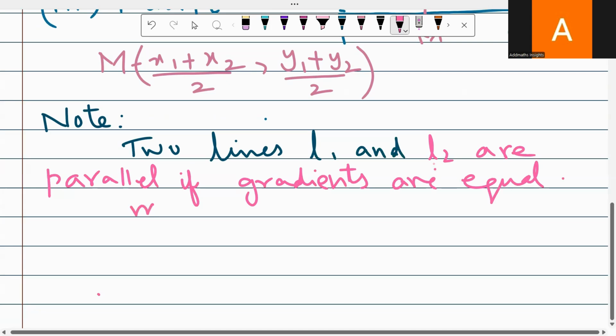Like if M1 represents the gradient of line L1 and M2 represents the gradient of line L2, then M1 and M2 must be the same.